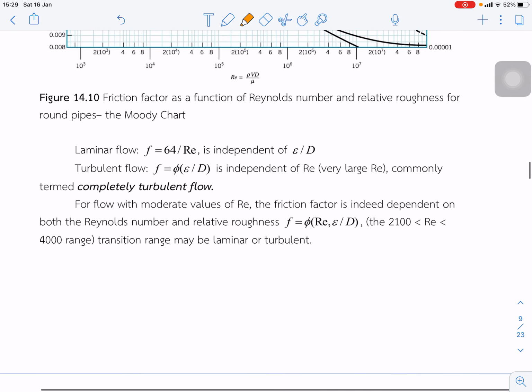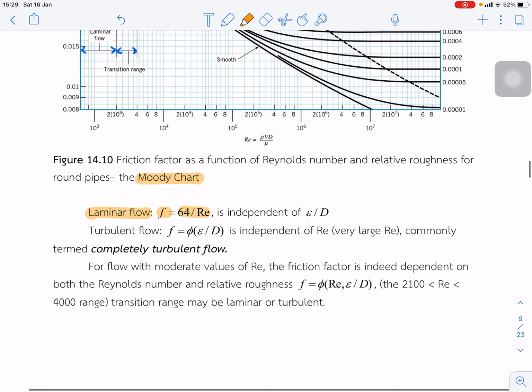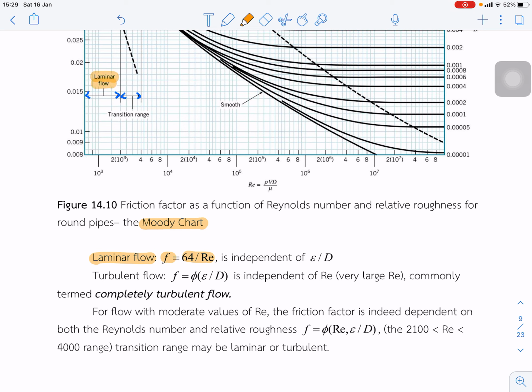And next, for laminar flow based on the Moody chart, Moody diagram, laminar flow is f equal to 64 divided by the Reynolds number. This is the range for laminar flow. And for turbulent flow, the friction factor is a function of both.